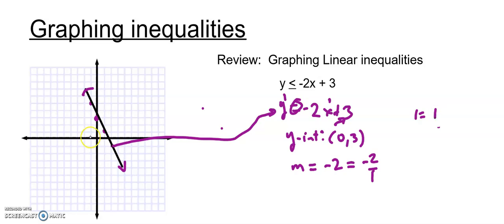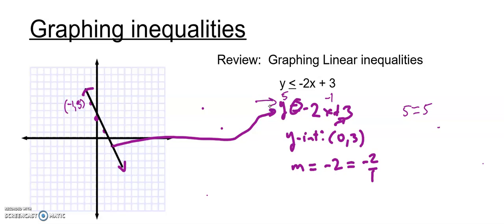If I plugged in, say, (-1, 5), a negative 1 for x and a 5 for y, I would get 5 equals 5. So again, the purpose of any graph is to show you the points that are on the graph that will satisfy or be solutions to its related equation.